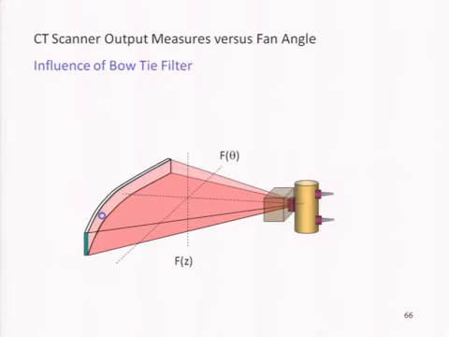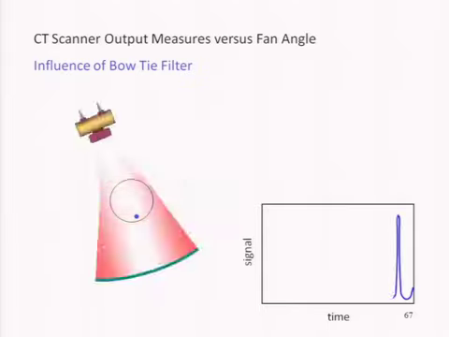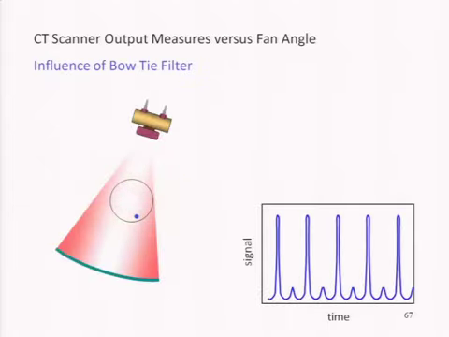All right, what about the other dimension? And the other dimension, of course, is tainted by the fact that we have a bow tie filter in there, a beam shaping filter. And so I thought about this for a while, and so if you put this same real-time probe not in the center, but rather at the periphery, and you scan, you're going to measure a trace that looks like this.